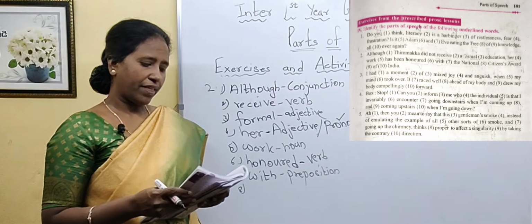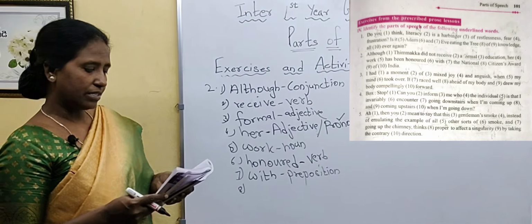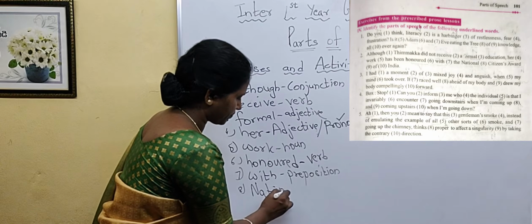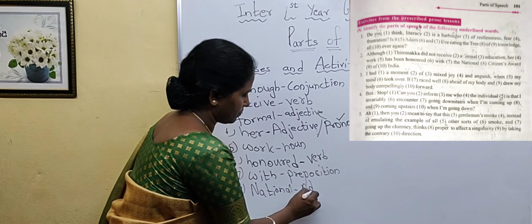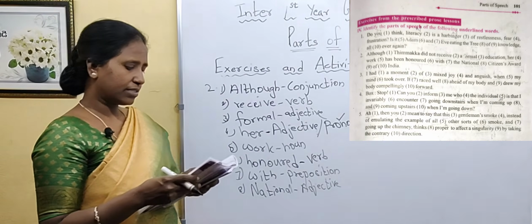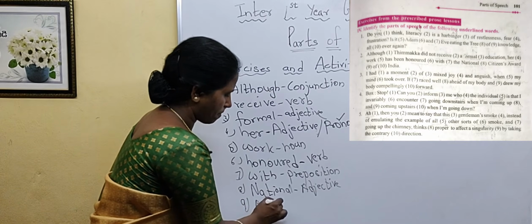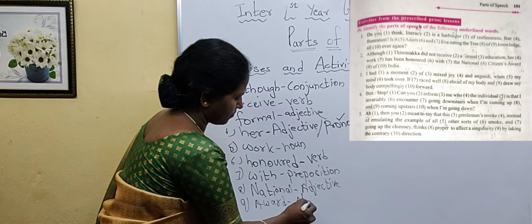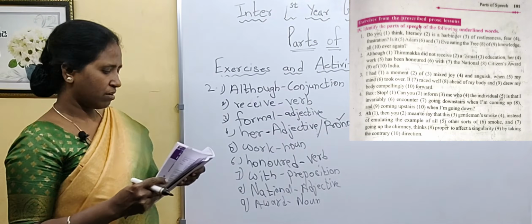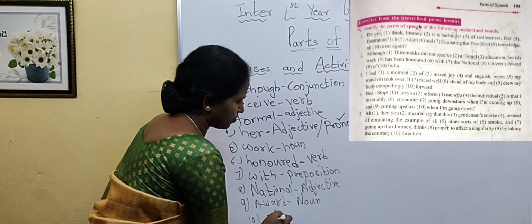The National Citizens Award. National is an adjective. National Citizens Award. Award is the noun. Award of India. Of is a preposition.